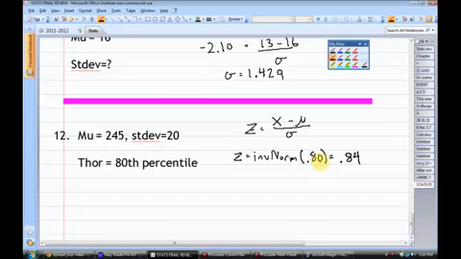You go to second distribution, then the inverse norm, and then you just plug it in. Because the area is 1 minus 0.1... The percentile rank is 80. Therefore, the z-score is 0.84.